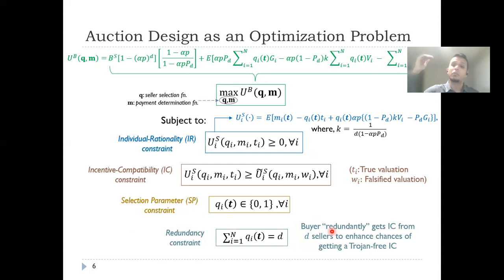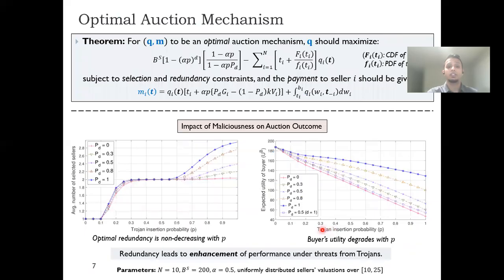So the buyer acquires multiple ICs from multiple sellers, which helps the buyer maximize the utility function. And we want to see in our theorem, in the next slide, the impact of this redundancy, how it helps in the auction outcome. So let's next look at the theorem.